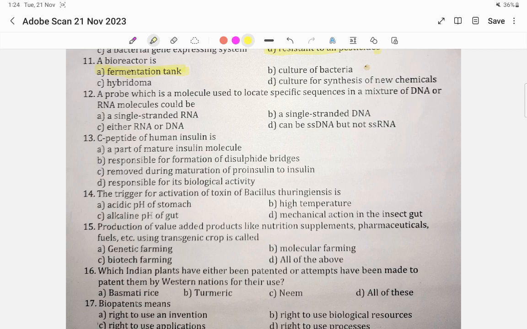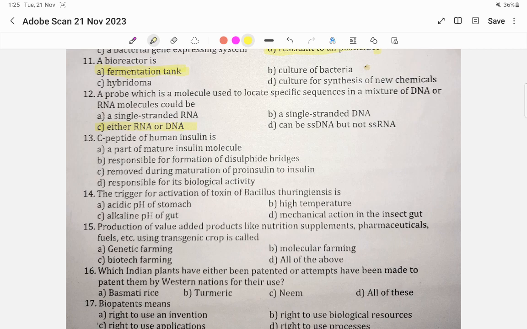The answer is the probe can be either RNA or DNA, but they should be radioactive nucleotides, so that by the emission of radiation and autoradiography we can identify where they have tagged with its complementary DNA or RNA. That is the purpose of them being radioactive nucleotides.